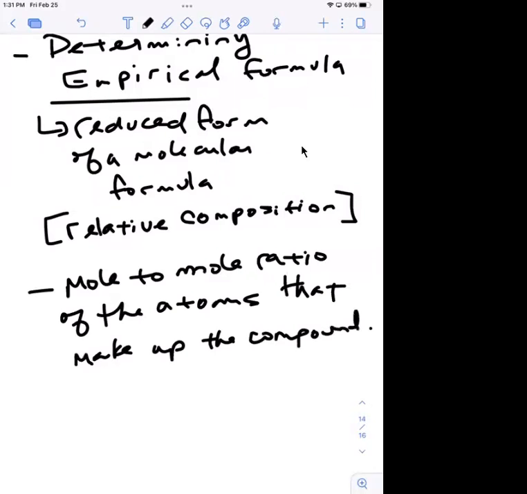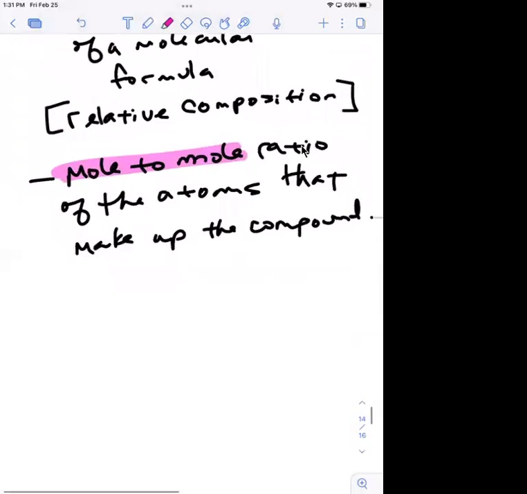So if we're looking for the mole to mole ratio, how do we get moles?